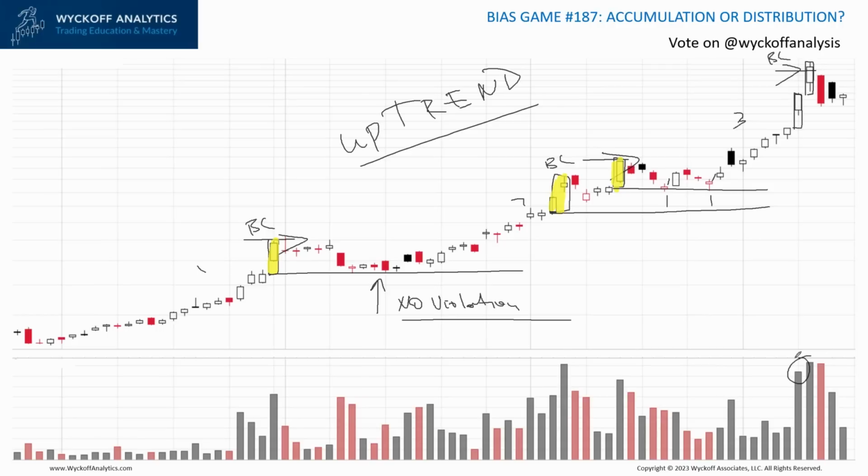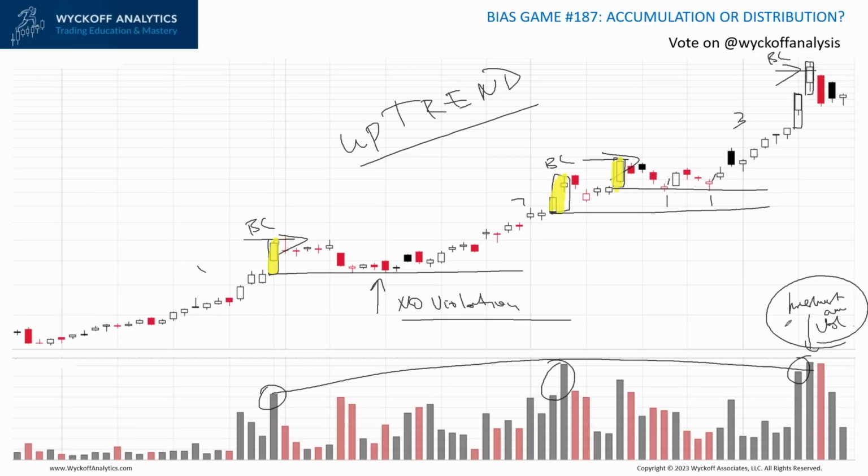So look at the volume signature that we have on the approach. What do you see? I see that maybe cumulatively, this is the highest volume signature. So therefore, if this is the highest, then there is definitely some presence of the supply.